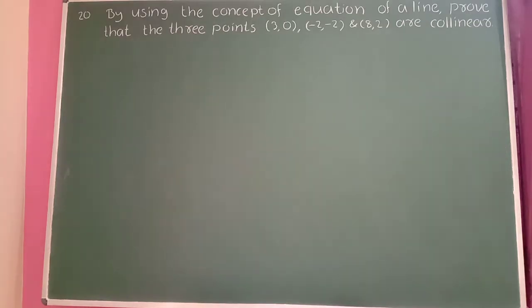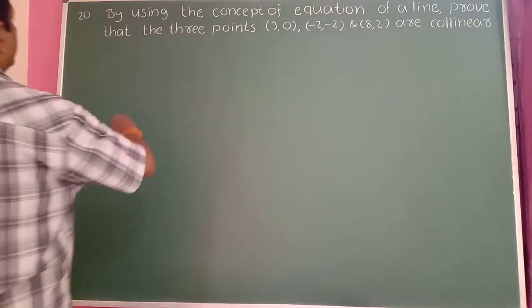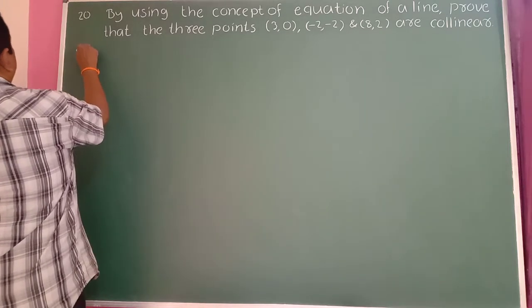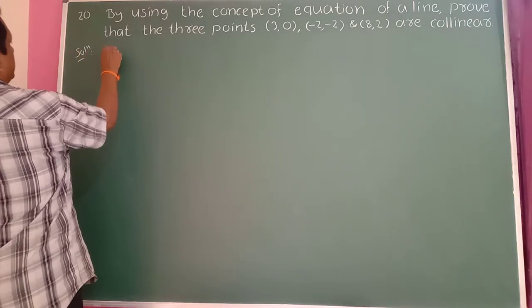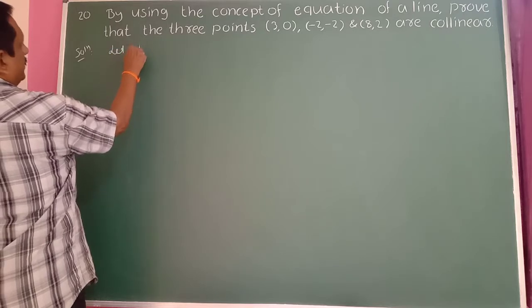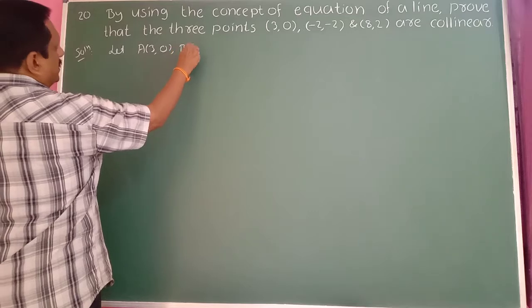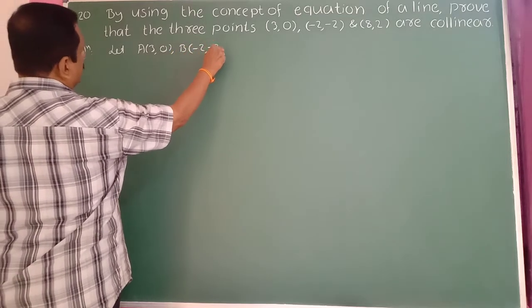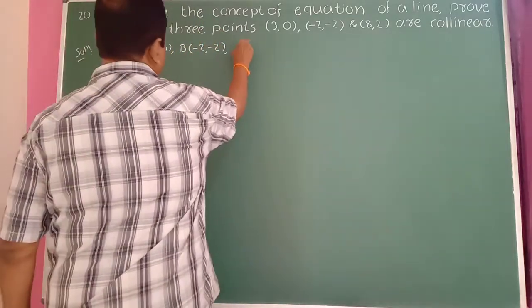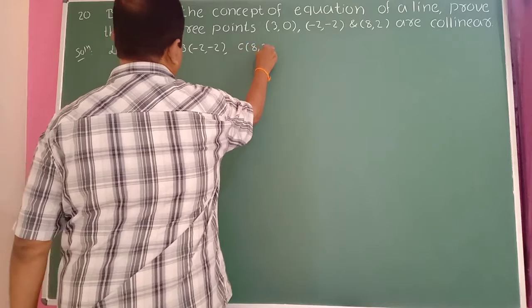By using the concept of the equation of a line, prove that the three points (3, 0), (-2, -2) and (8, 2) are collinear. Therefore take the three points as A (3, 0), B (-2, -2) and C (8, 2).